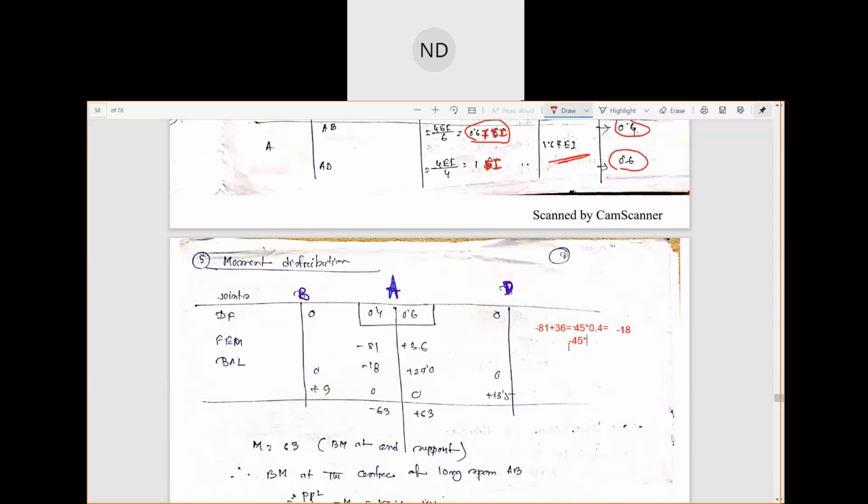Now this into this 0.6 equals how much? 45 into 0.6 gives 27. So this is 27.